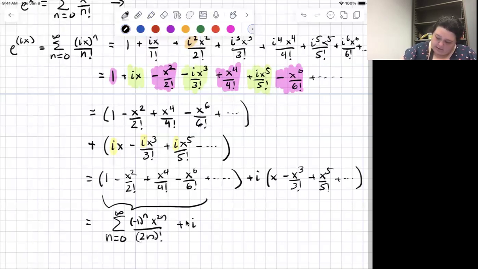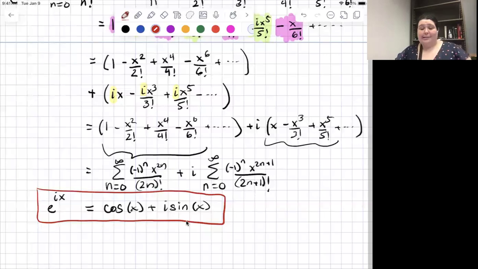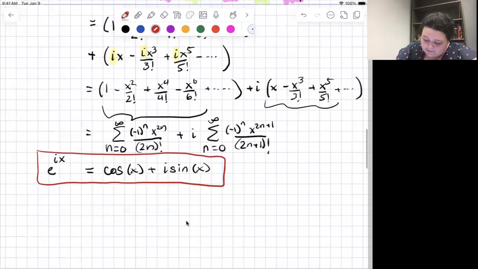And then this here is the sum from 0 to infinity of -1 to the n, x to the 2n plus 1, all over 2n plus 1 factorial. And we've said that this is our cosine of x, and this is our sine of x. So we have just shown that e to the ix is cosine of x plus i sine of x. And this is called Euler's formula.